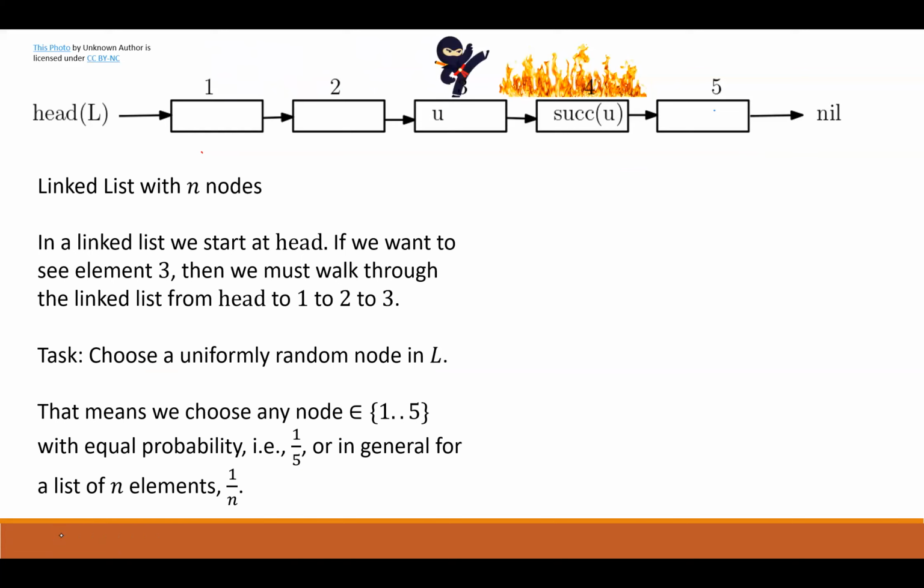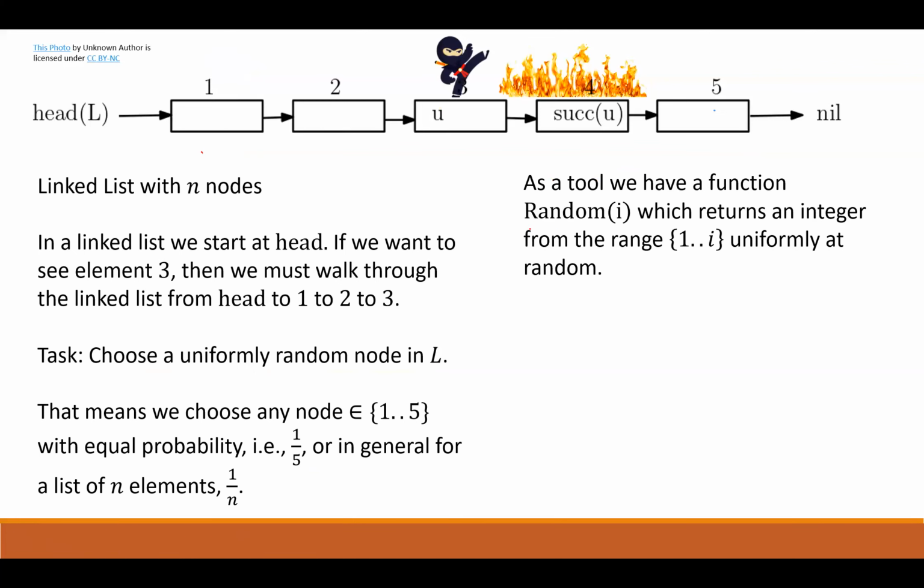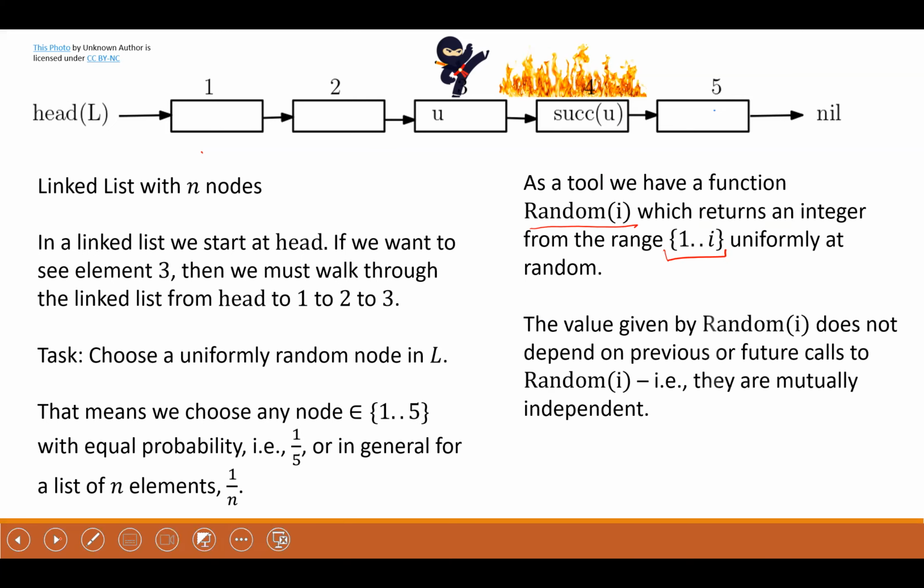We'll explain this in a minute, but as a tool, we have a function called random. Random(i) takes a value i and returns a number from 1 to i, uniformly at random, and each call to this function is independent of the previous or future calls. All right, so we're going to use this independence. This random function is the primary vehicle for how we do it.